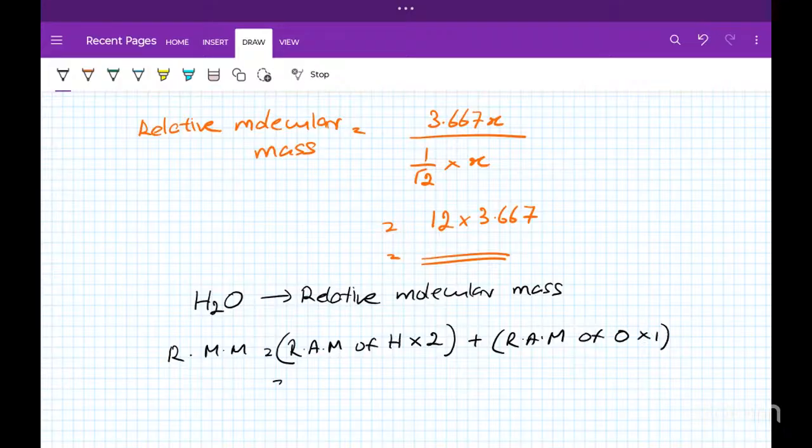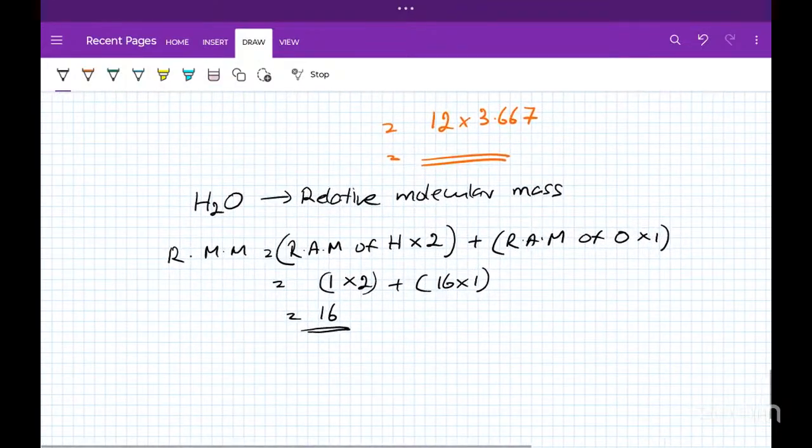Hydrogen is 1, 1 into 2, plus oxygen 16 into 1. So this is 18. Simply, this is the summation of the relative atomic masses of the atoms in the molecule.